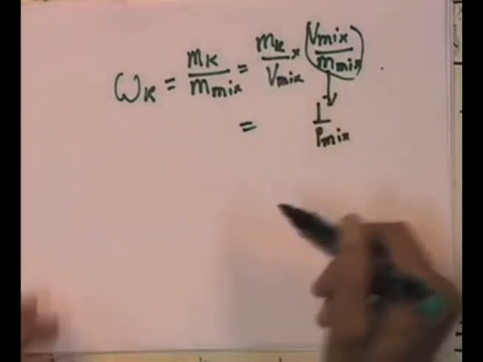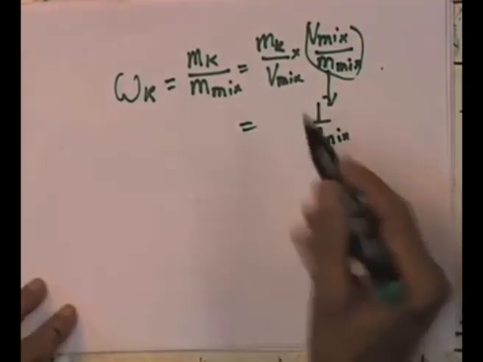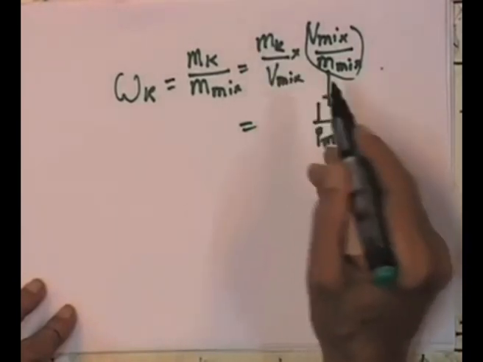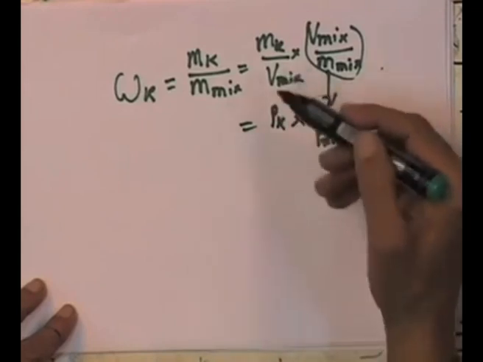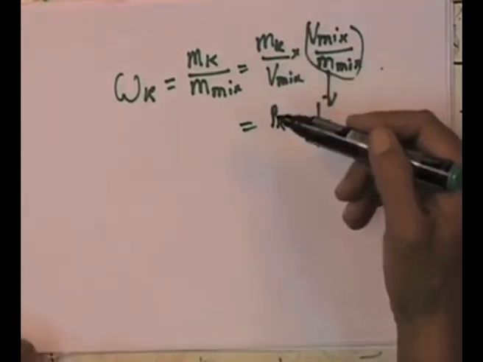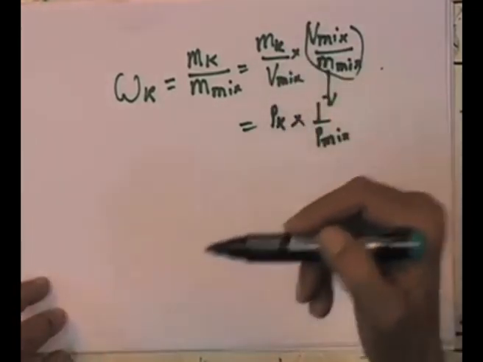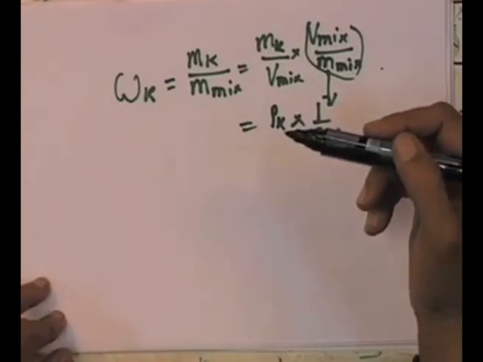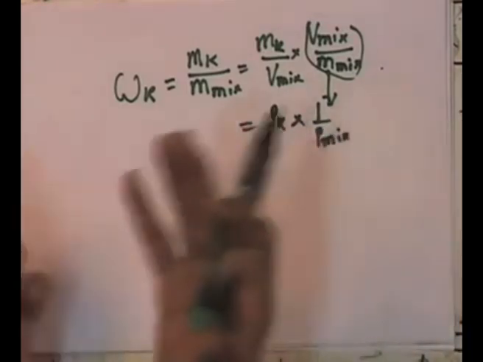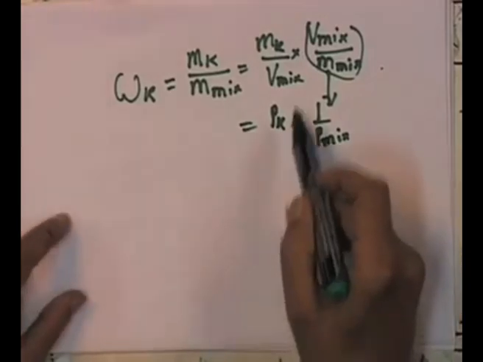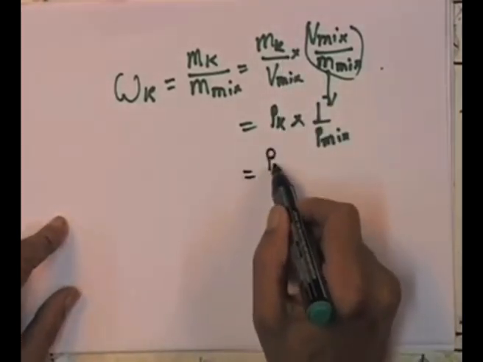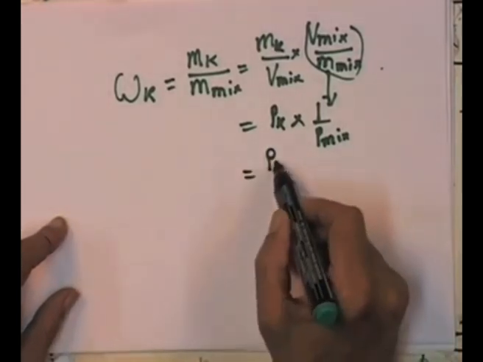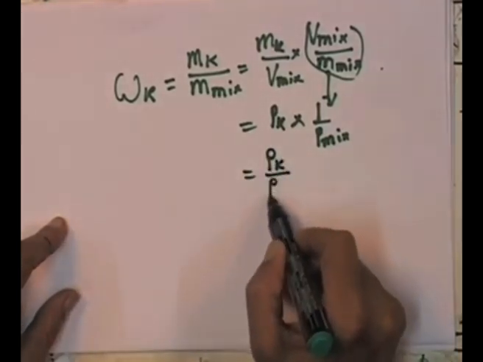What about this quantity? Well, this quantity can be written as rho_K. Why? Because Dalton's law says that in a mixture, each species behaves as though it occupied the total volume of the mixture, and therefore, this would be rho_K, and therefore, the mass fraction omega_K would be rho_K divided by rho_mix.